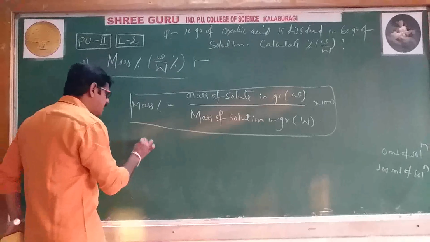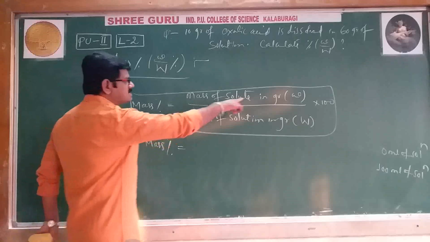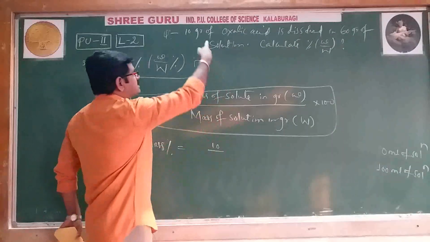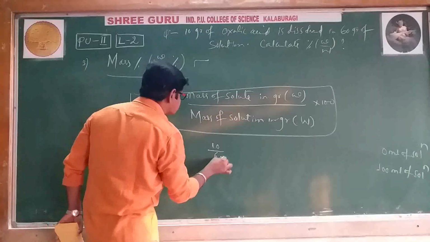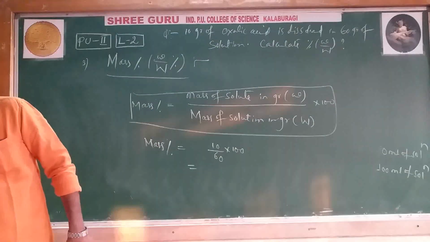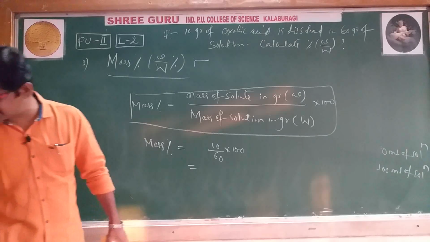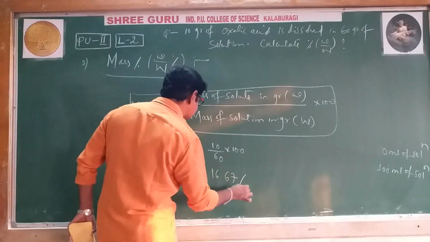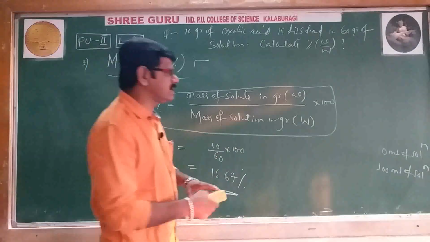Mass percentage is equal to mass of solute, 10 grams, divided by mass of solution, 60 grams, into 100. If you do the simplification, the value obtained is 16.67%. That is our answer.